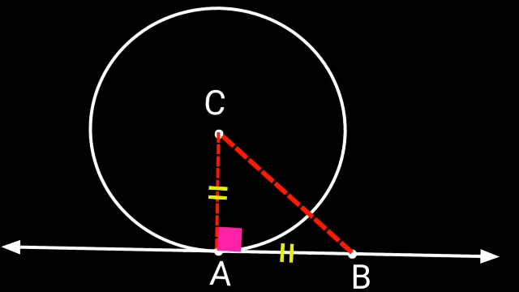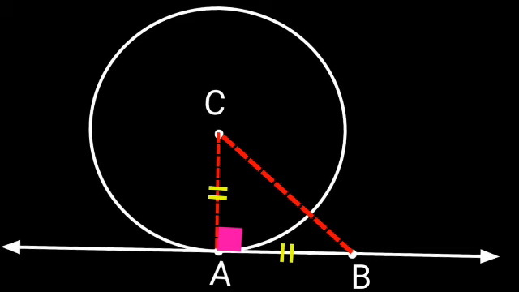AC is a radius, A is a touching point, hence the angle with the tangent is 90 degrees. This is a right angle triangle.